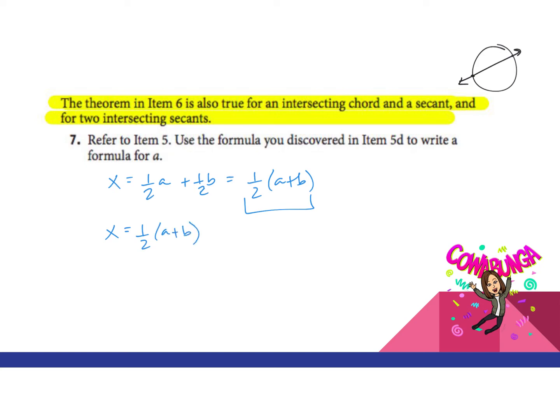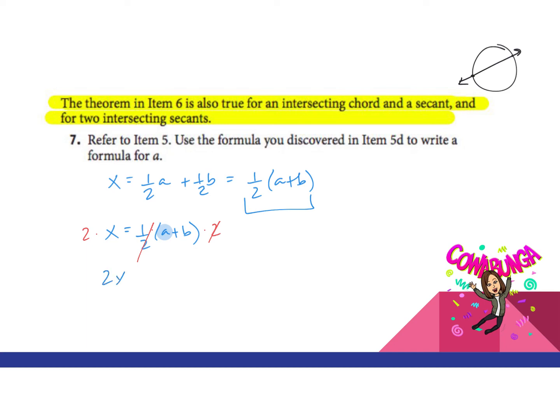If I wanted to isolate a and get it by itself, think of what would be the process. How do I get rid of multiplying by 1/2? Well, you could divide by 1/2, or think about how you could just multiply by 2 on each side, because multiplying by 1/2 and multiplying by 2 are inverse operations.